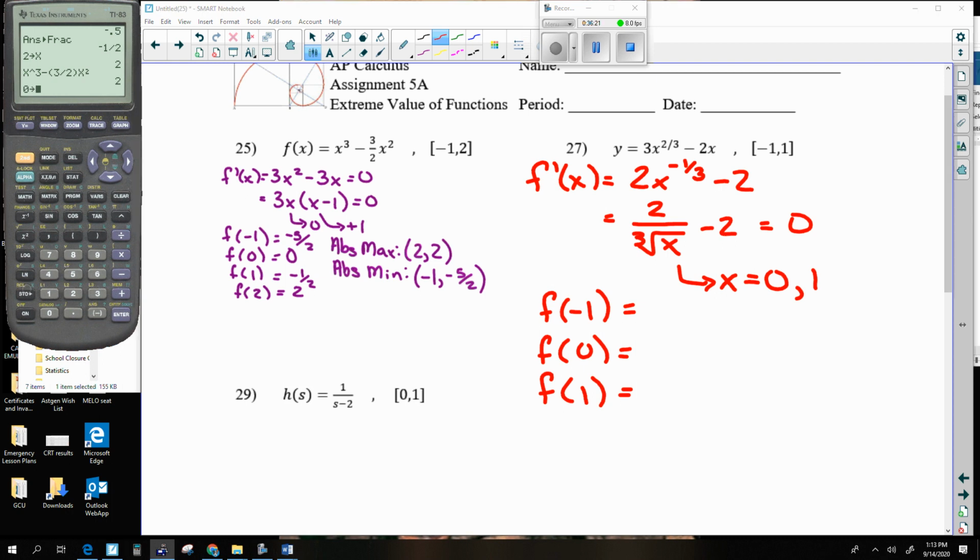So this is 3x to the 2/3 minus 2x. 0 is 0. 1 is 1. You agree? -1 is 1, 3.